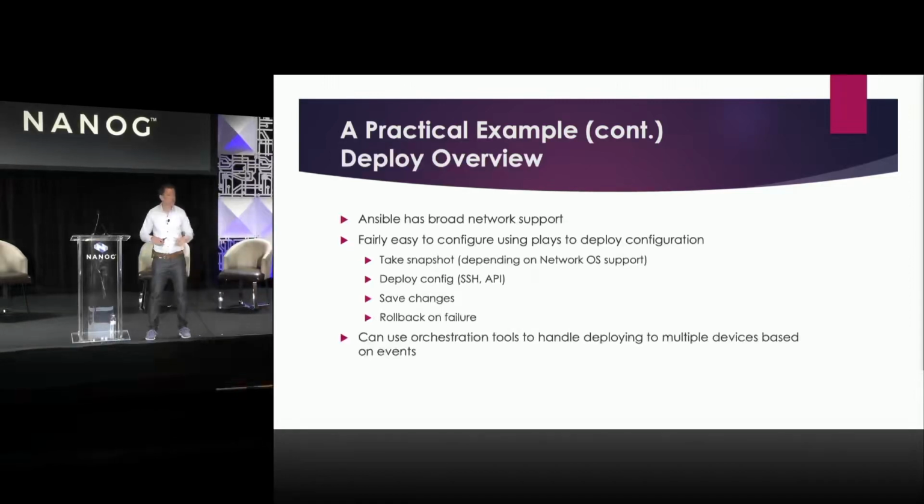We can also make sure that this is triggered by events. Maybe we want to wait until the DC Ops team reports back that the cabling is done, and then we deploy the change out, right? There are various ways, depending on your environment, that you could take the automation you created and orchestrate that to do really powerful things.